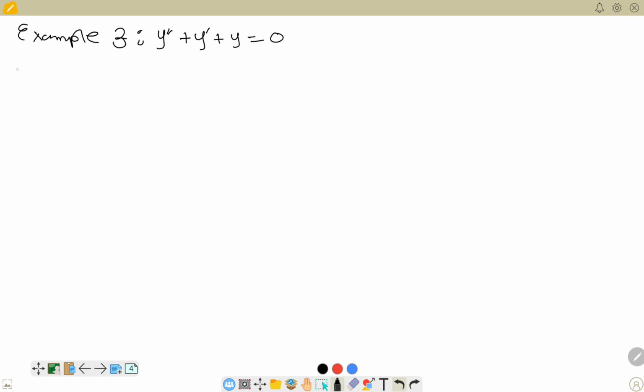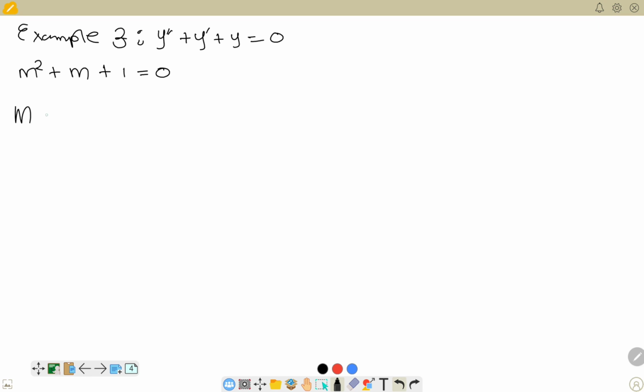So y double prime is the second derivative, so it's going to be m squared, plus y prime is the first derivative, so it's going to be m. Then we write the coefficient of y, which is just 1 in this case, equals 0. So here I do not know how to factorize this, so I will use the quadratic formula to solve for the value of m.